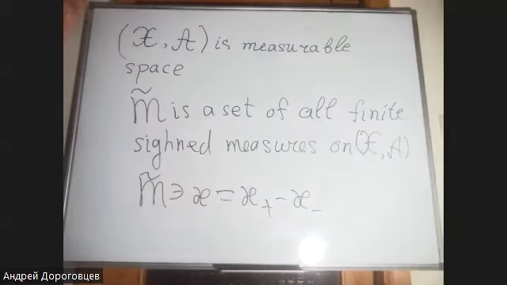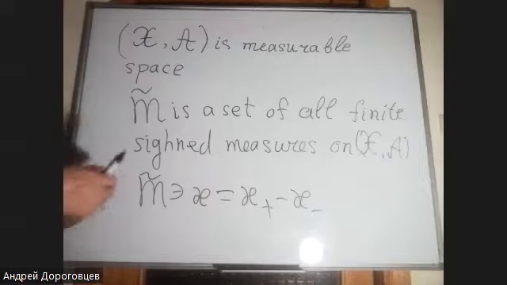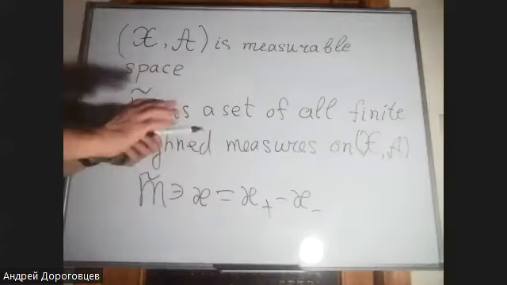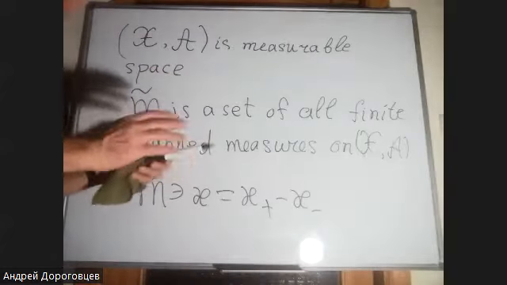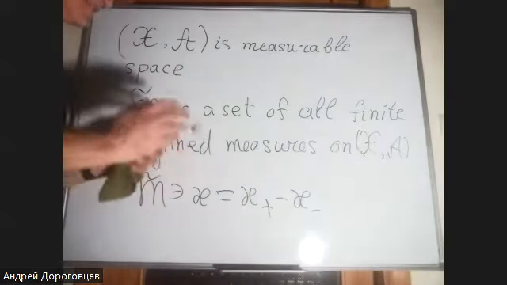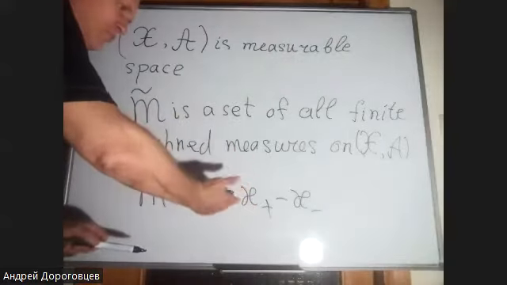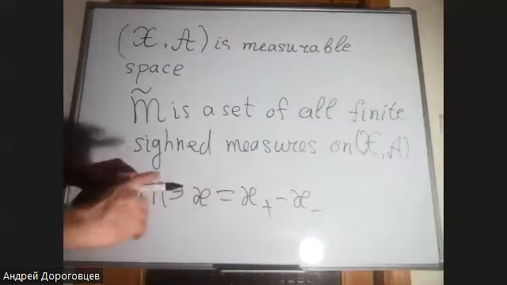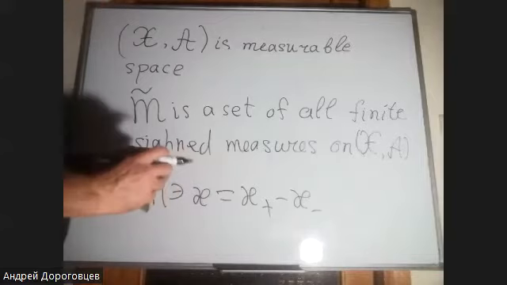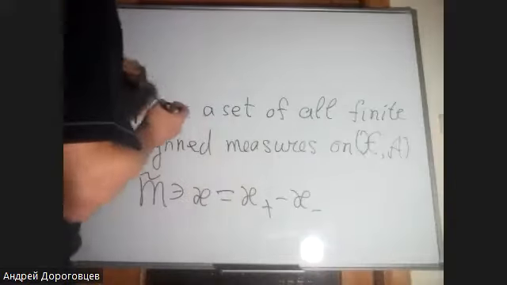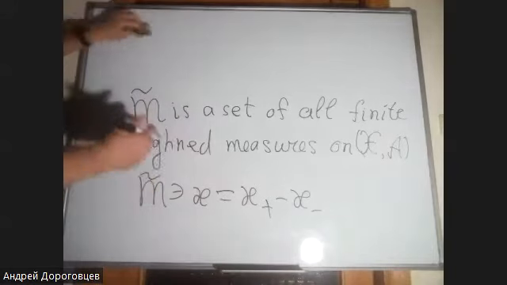This representation is unique, so if one doesn't like to consider properties of sigma additivity for signed measures, he can say, okay, we just have such objects, and here one can define the norm, which is equal to total variation.